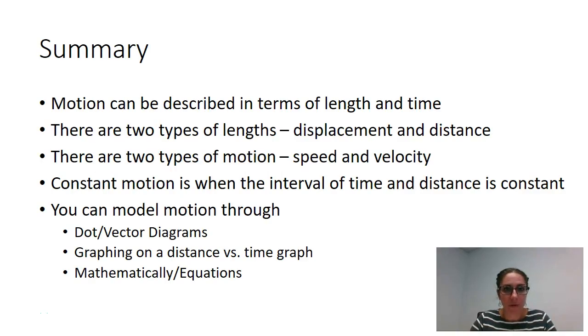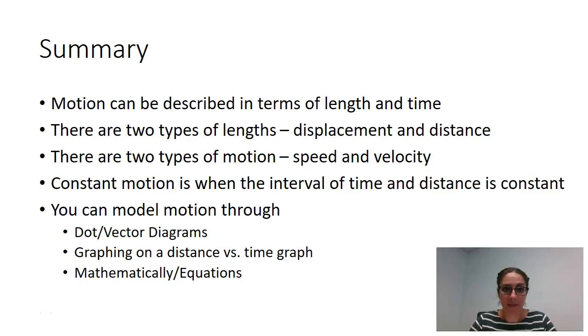So, you can do a lot of things. As you saw, motion can be described in different lengths and time. You have speed and displacement. You have distance and velocity, although, of course, let's organize them in terms of length. The length has displacement and distance. Motion has speed and velocity. There's average speed and constant speed. Constant speed is when you keep your distance and time intervals the same.